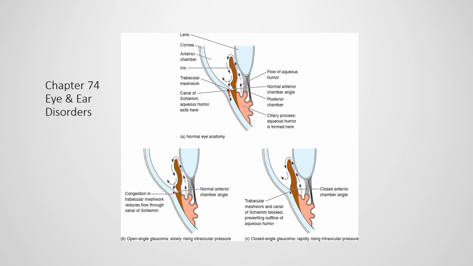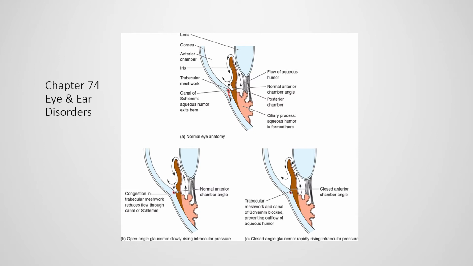So in open angle glaucoma, you can think of it as the chronic glaucoma that older people get, that they end up having to take drops to reduce their intraocular pressure for the rest of their life. And why do we give people drops for intraocular pressures of greater than 20? Because we know that if you have chronically elevated intraocular pressures, it damages the optic nerve.